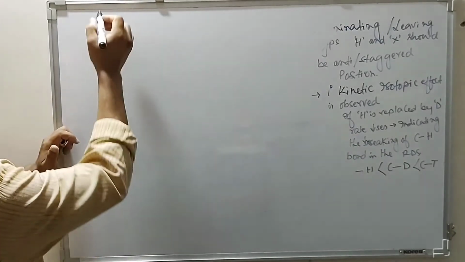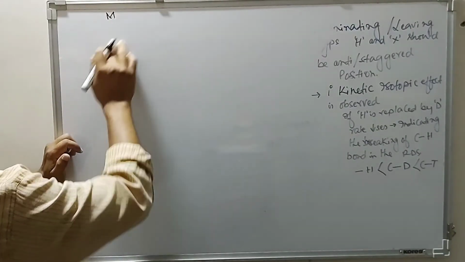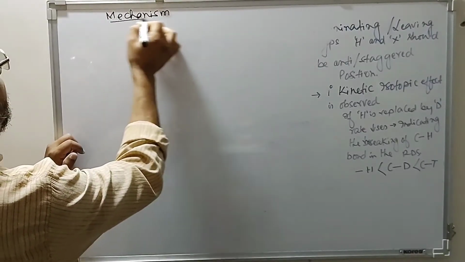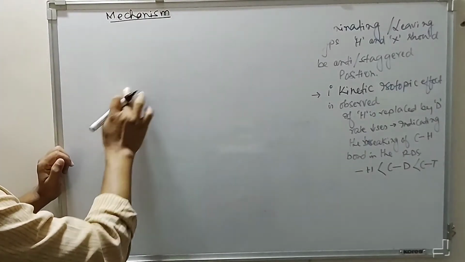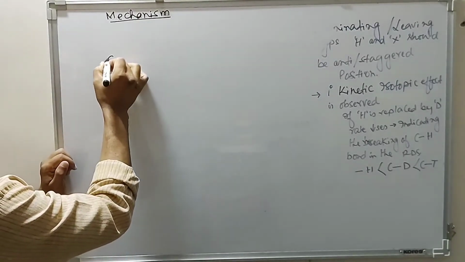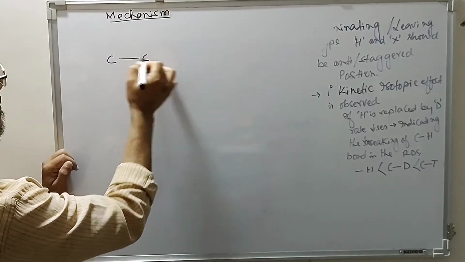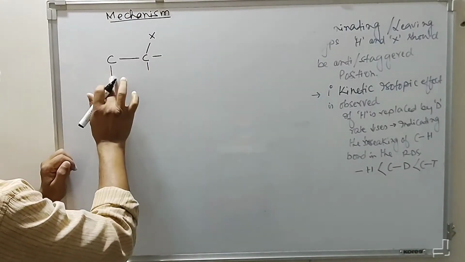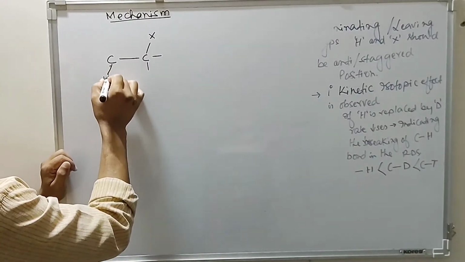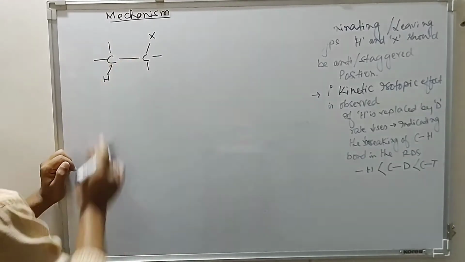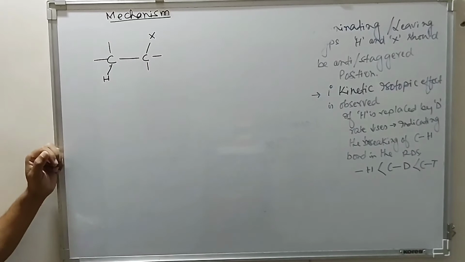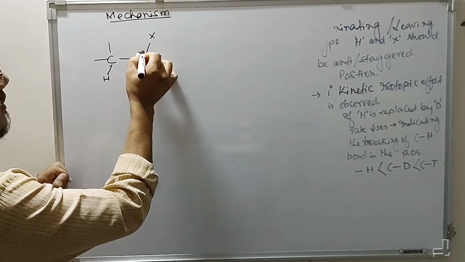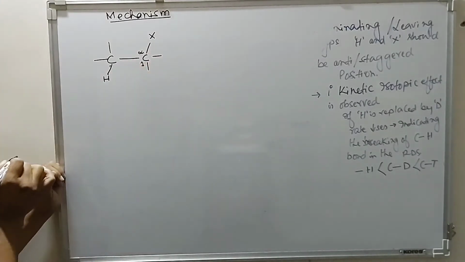Mechanism of E2. So we have to look at this alkyl halide. This carbon from which halogen is to be removed is known as alpha carbon or 1 carbon.